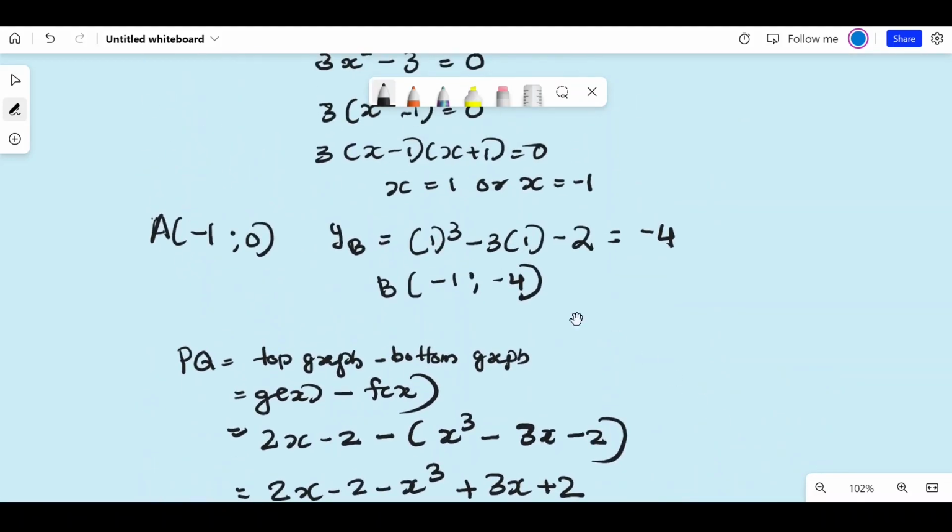Where were the turning points? Sorry, I made a mistake here. Please pardon me. It was not -1, it's actually +1. So the two turning points were (-1, 0) and (1, -4).